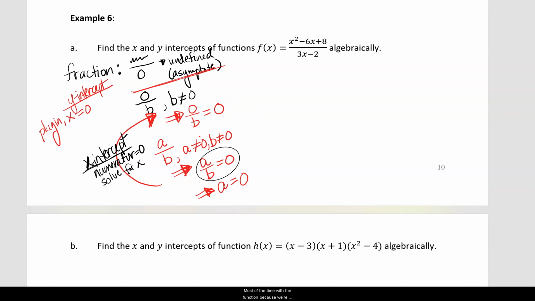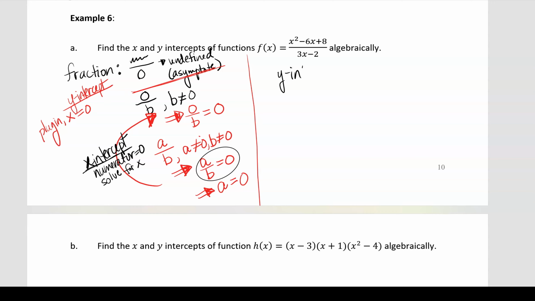Most of the time with the functions that we're looking at right now, you plug in your 0 and you'll be left with some fraction that you need to reduce to its lowest terms, and you have your y-intercept. Now, with all of that given as a review of how to work with fractions, let's find the x and y-intercepts of this particular rational function.